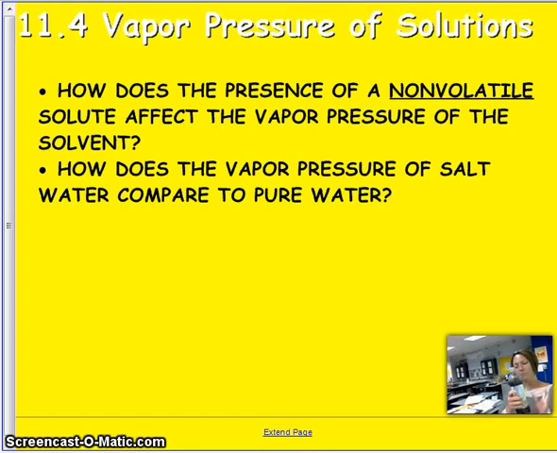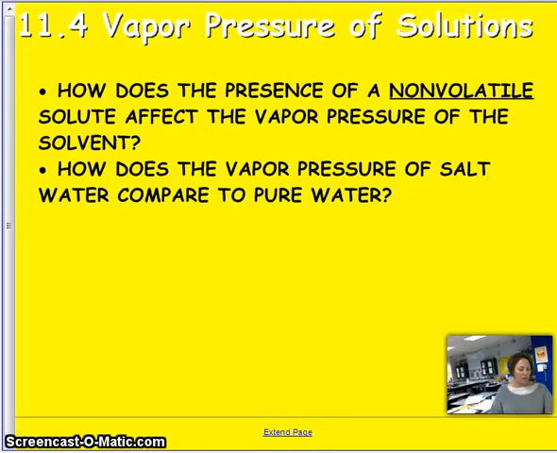Now, when you add stuff to a solvent, like that soda, it will affect the vapor pressure, and we need to know how. It depends on the stuff that you add. Sugar and salt and any ionic compound basically, those are what we call non-volatile solutes.